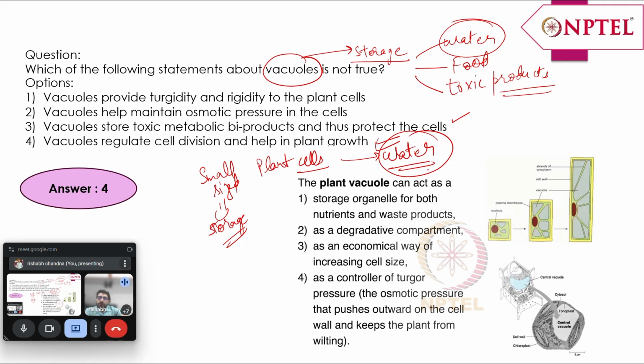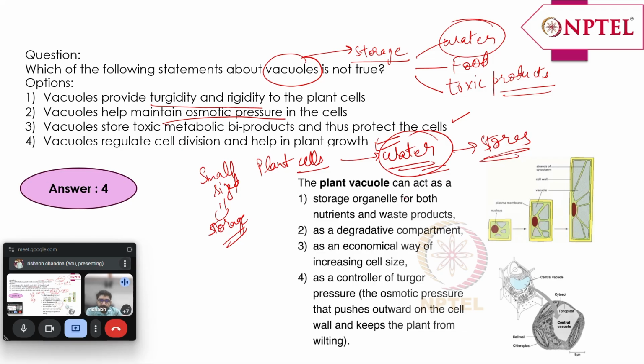What will happen if plant cells store water? It helps in turgidity and rigidity of the plant cell. It helps in maintaining osmotic pressure. The major plant vacuole also stores toxins that help in protecting other parts of the plant.